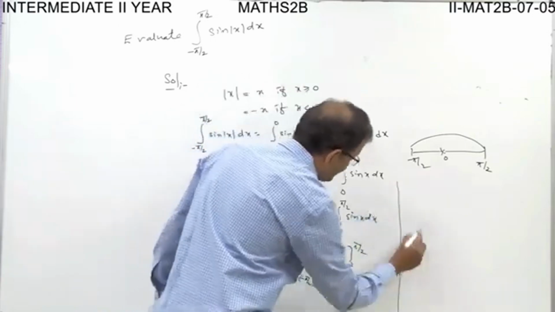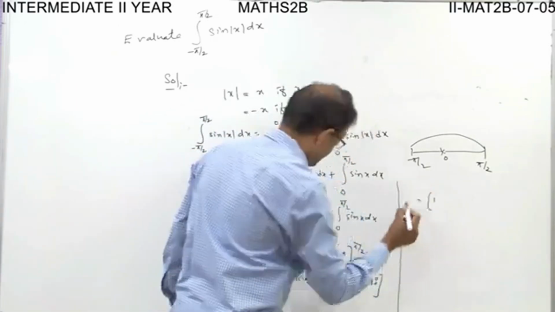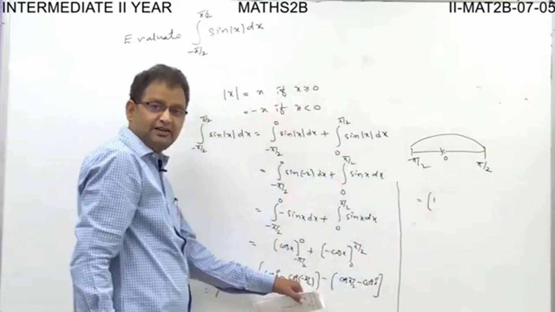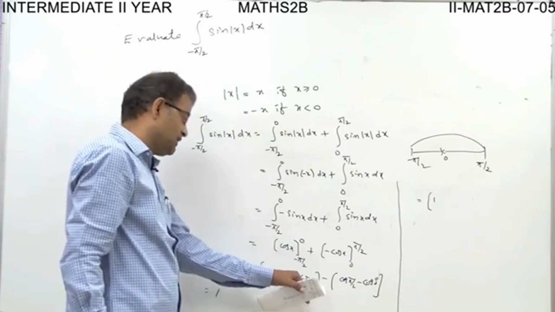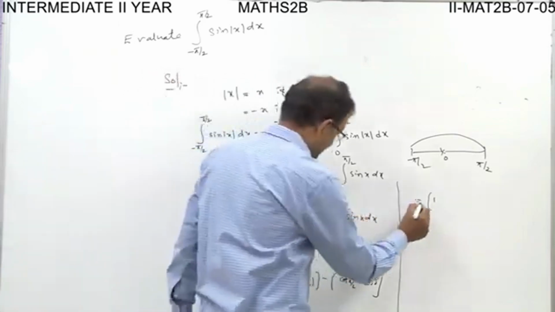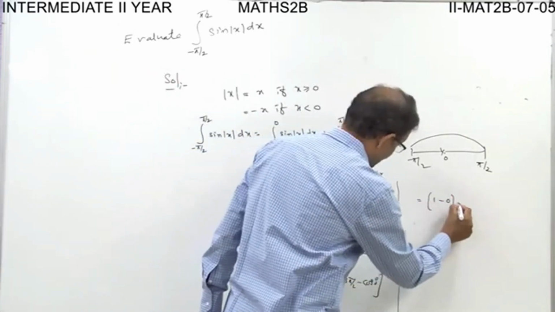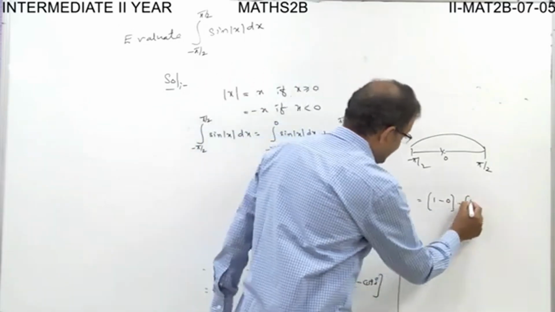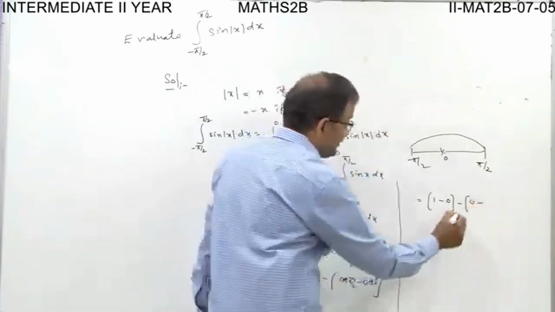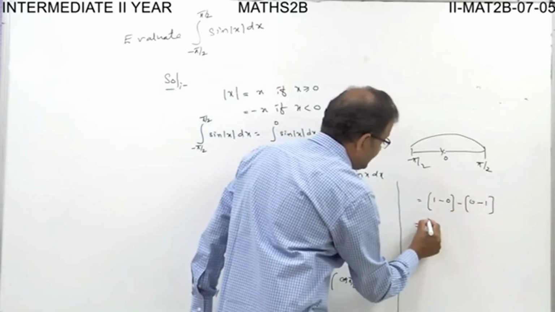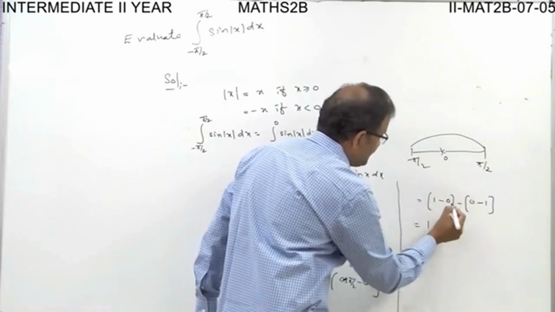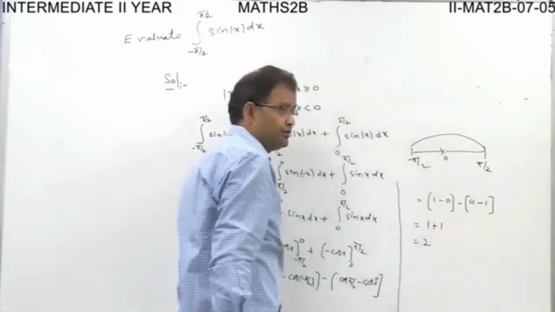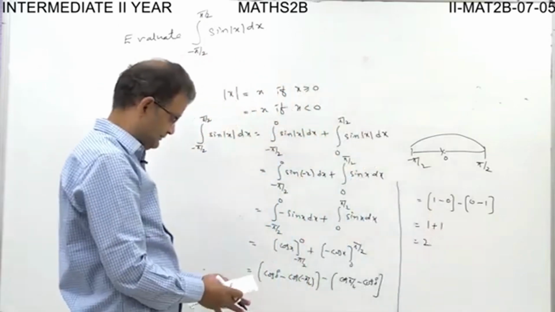This is equal to cos 0 degrees 1, cos of minus π/2 is cos π/2, cos 90 degrees is 0, minus cos 90 degrees 0, minus cos 0 degrees 1, that is equal to 1 minus 0, 1 minus into minus plus 1, that is equal to 2. Answer.